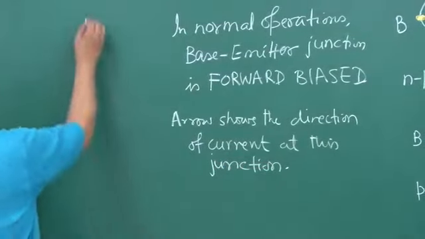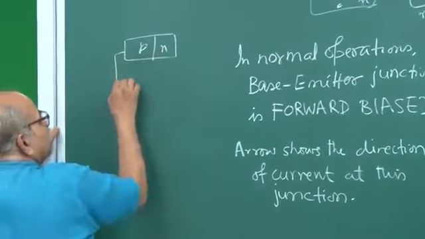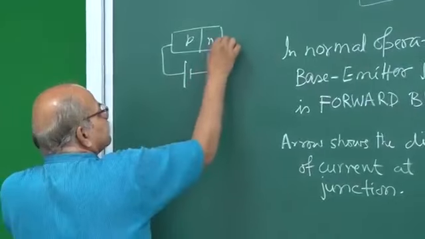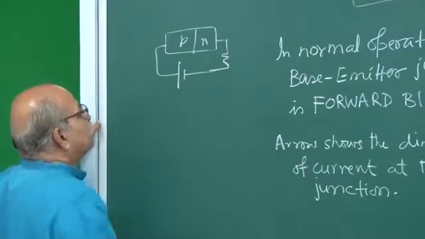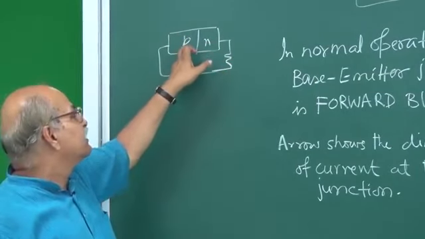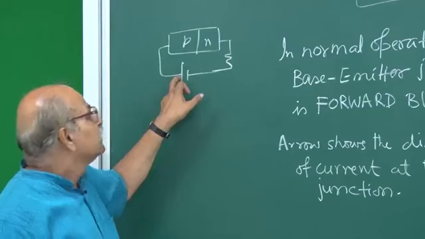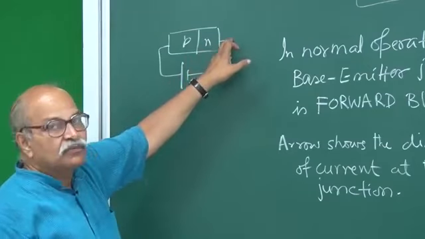So if you have a PN junction and you forward bias it, the P side is connected to the positive of the cell or higher potential, and the N side is connected to the lower potential.